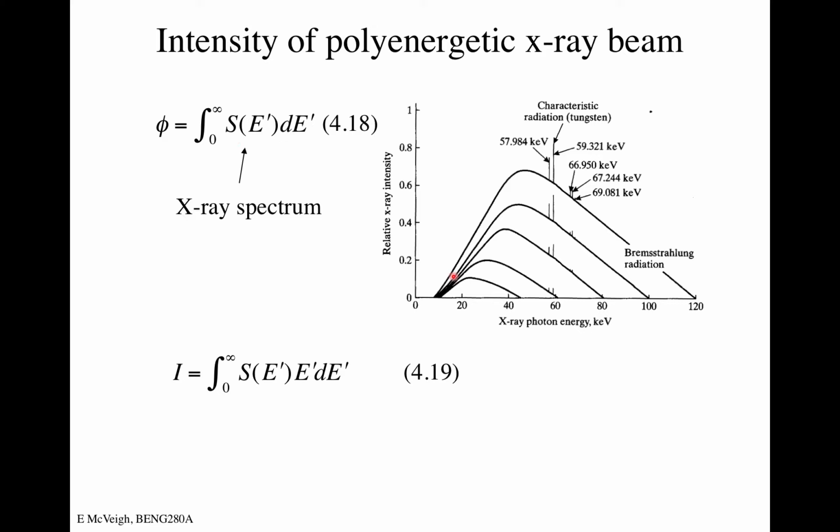Here S(E) is this function, and dE is this axis here. Another interesting thing is as I crank the kVp down, the phi value will drop because the integral under this curve goes down, so the total fluence of photons goes down as I'm dropping the peak voltage. And so for the intensity, we just multiply by the energy. I multiply each delta E here by its energy and its relative height, and that gives me the intensity.